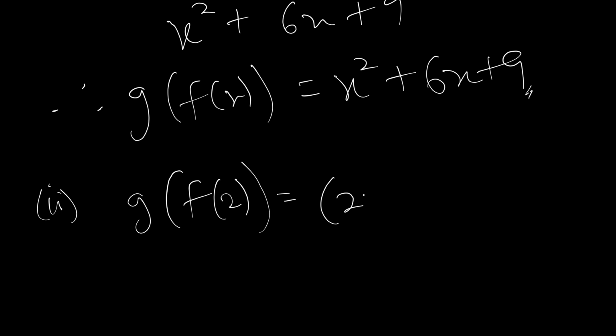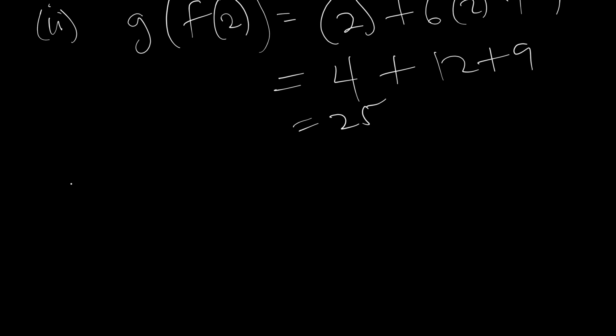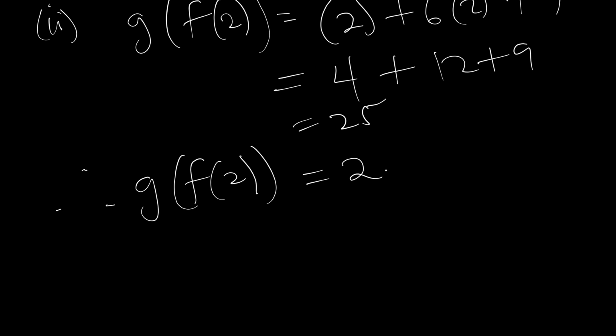So we have 2 squared plus 6 times 2 plus 9. And this is equal to 4 plus 12 plus 9. Now 4 plus 12 plus 9 is equal to 25. So therefore, g of f of 2 is equal to 25.